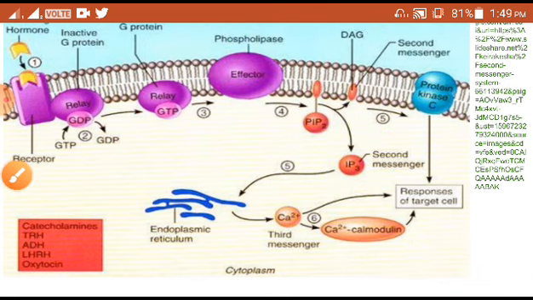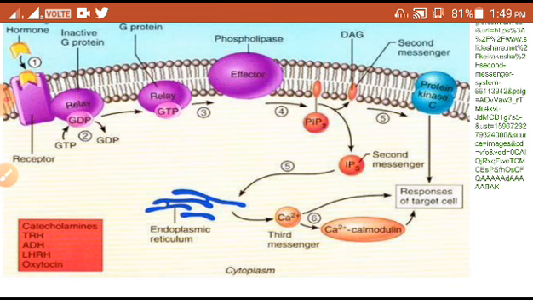Now the phospholipase has hydrolyzed PIP2 and made DAG and IP3. Now these, DAG (diacylglycerol) and IP3, both act as second messengers, right. That means in this case two second messengers are generated and both are doing different actions here, right.